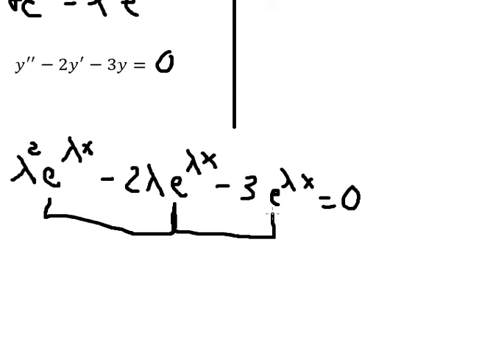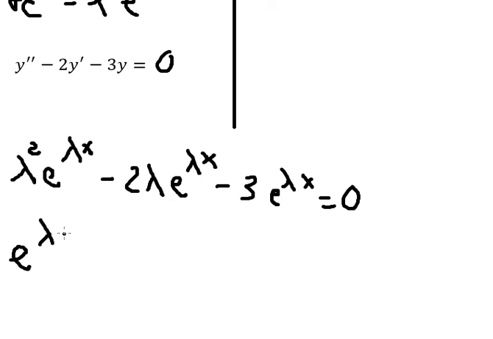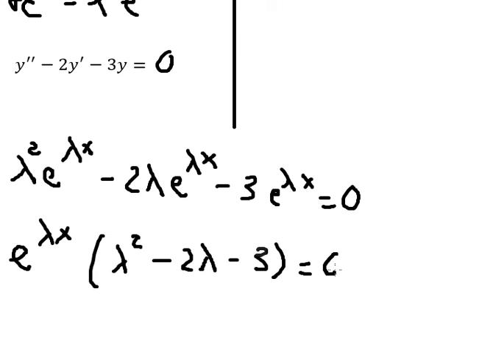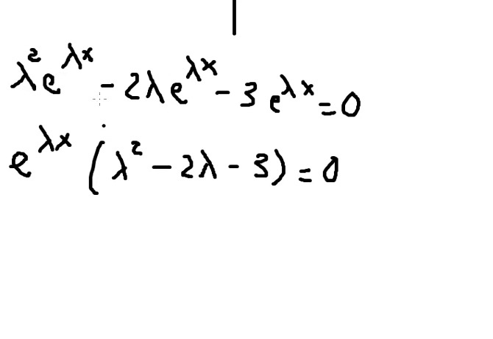We can do factorization. We have e to the power of lambda s multiplied by lambda squared minus 2 lambda minus 3 equals 0.